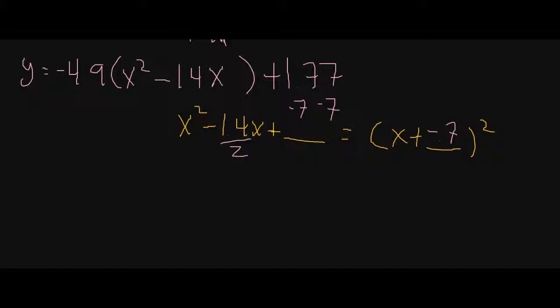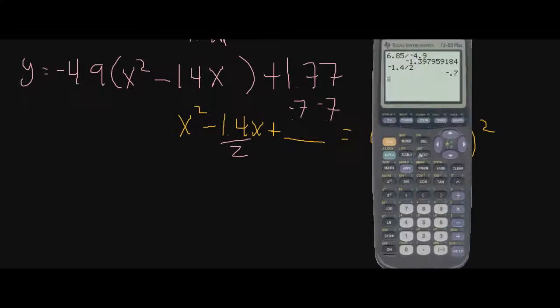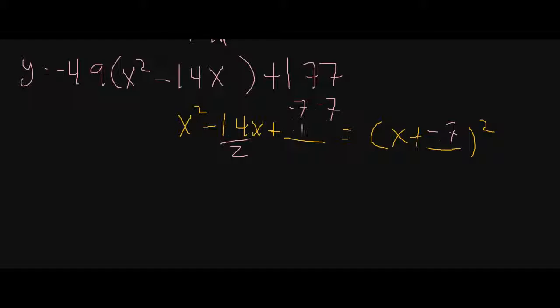That is going to be a positive, because the negatives cancel out, 0.49. So that's going to be the number that we want to add inside here, right? And then, of course, we've got to subtract it like we did in the other video.